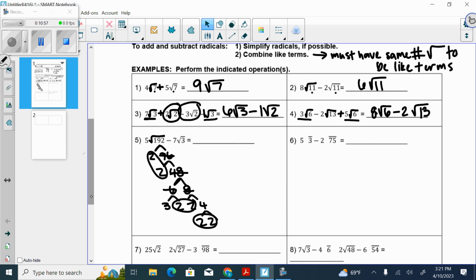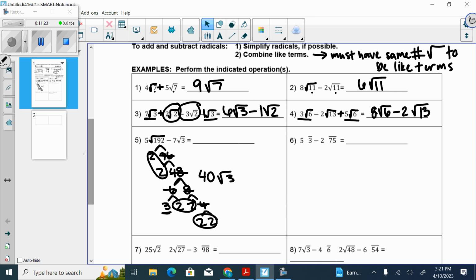What do I do when I have more than one pair? What do we do with them? Multiply them together. So I got 2 times 2, which would be 4, and 4 times 2, which would be 8, and there was already a 5 out there, so that's going to become 40. Good. So I'll have 40, and what was left without a pair? The 3. Yeah, 3 was the only thing.